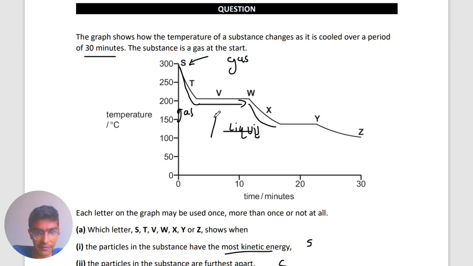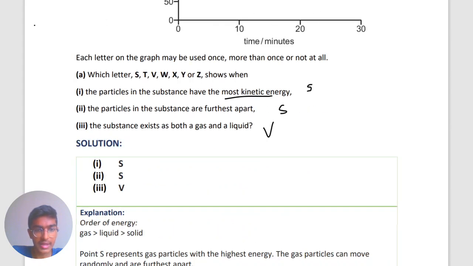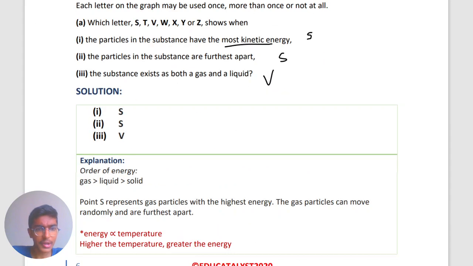So right here at V, there's a change in the state, but right now, it's not yet fully changed. That basically means that at V, the change of state is occurring, and therefore at V it exists as both a gas and a liquid. So the answer would be V. So the answer right here, as you can see, is SSV. And let's just have a look at the explanation.